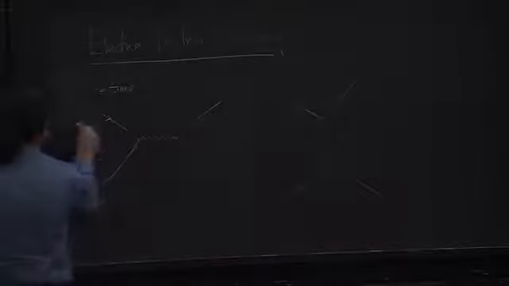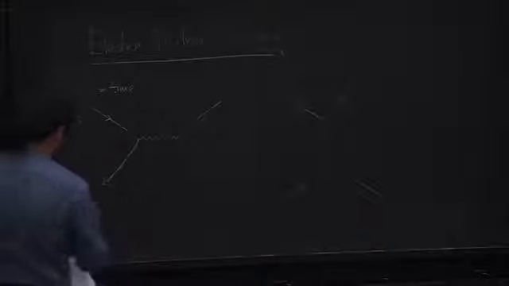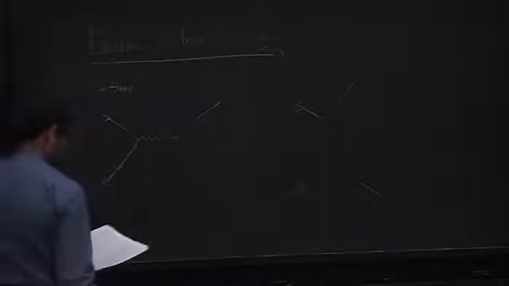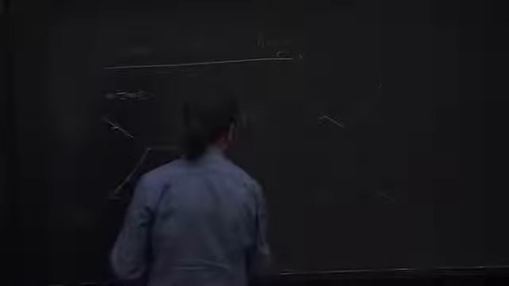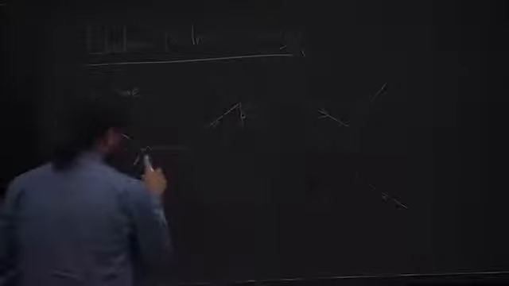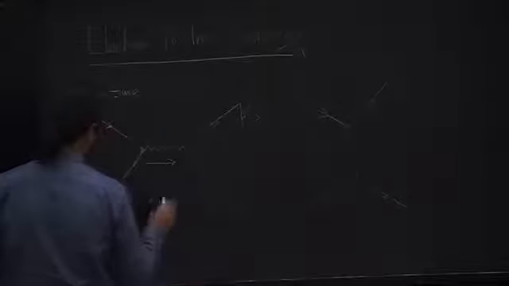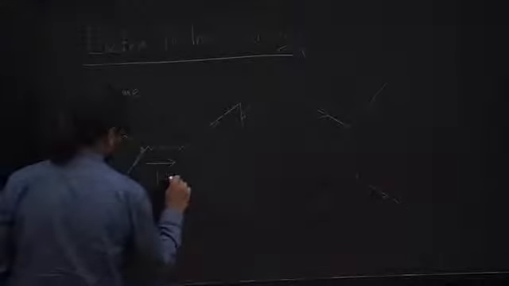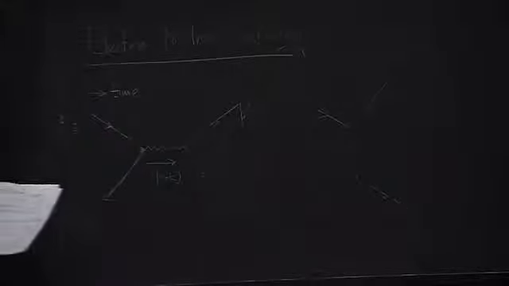Okay, so let's label our diagram. So this is P, S, K, R, P prime, S prime, K prime, R prime. Momentum is conserved here. The momentum going in this way is P plus K, so it's an S-channel diagram.